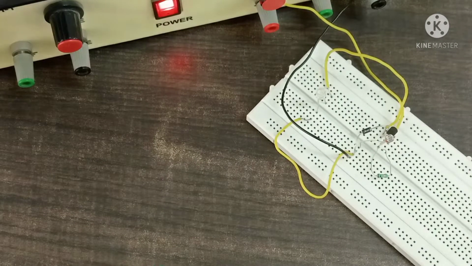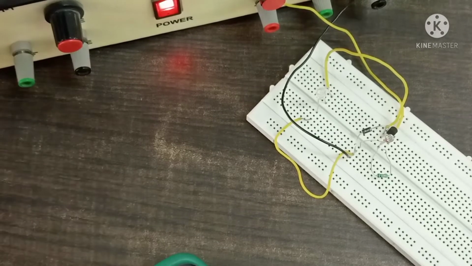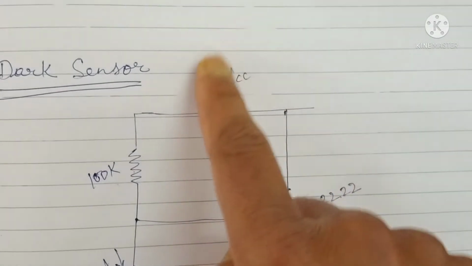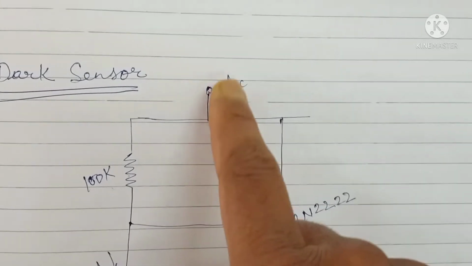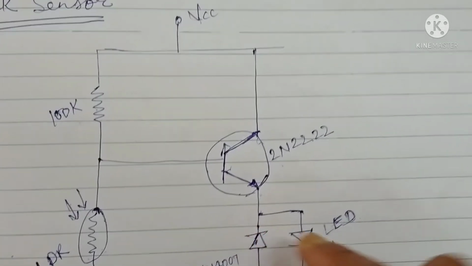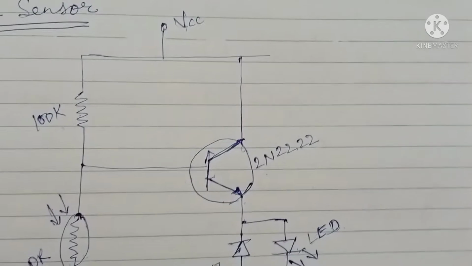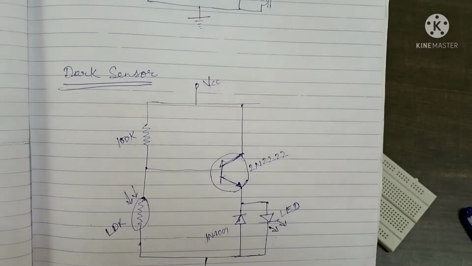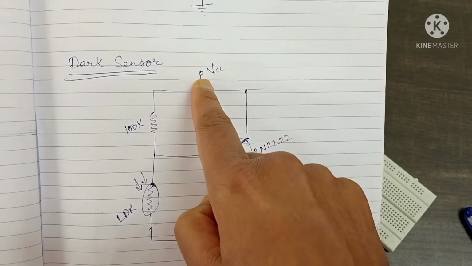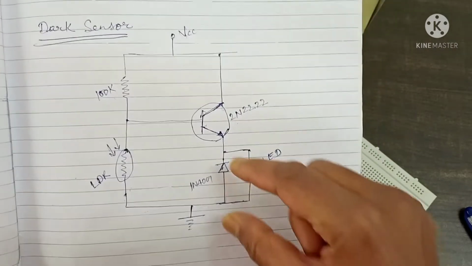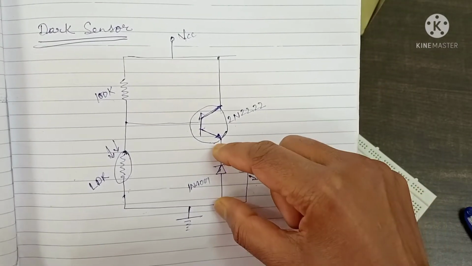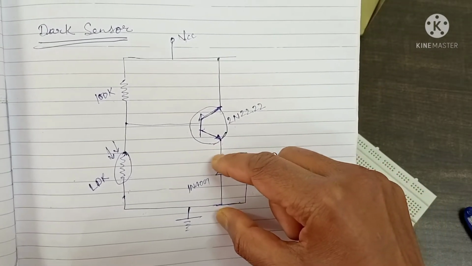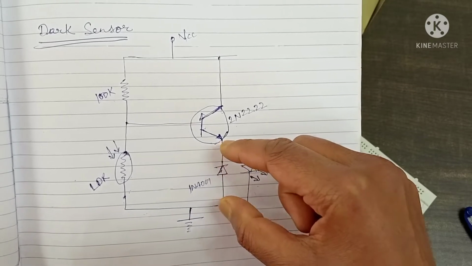If you change VCC in the circuit, as you can see here, then the voltage across this 1N4007 diode will change.